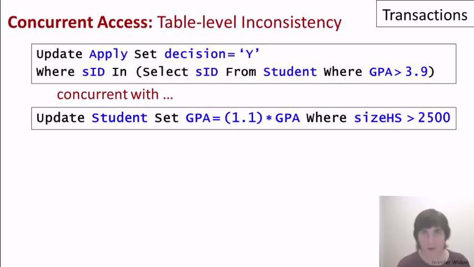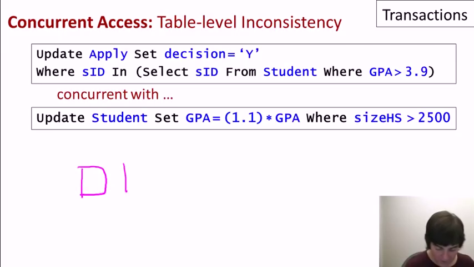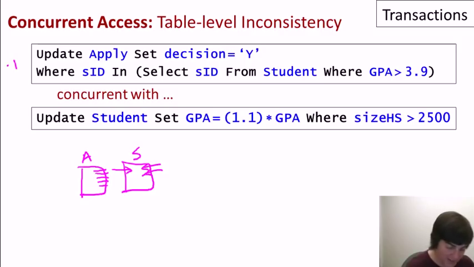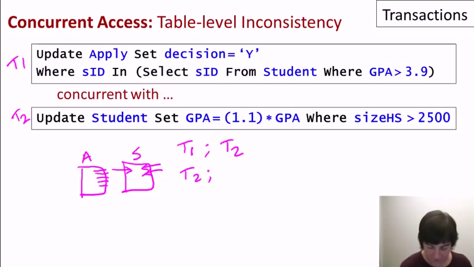The next example was the one where we were looking at the apply and the student table, and we were modifying the apply table based on the GPA in the student table and simultaneously modifying that GPA. So again, if these are issued as two transactions, we'll have either T1 followed by T2 or T2 followed by T1, or at least we'll have behavior that's equivalent to that.